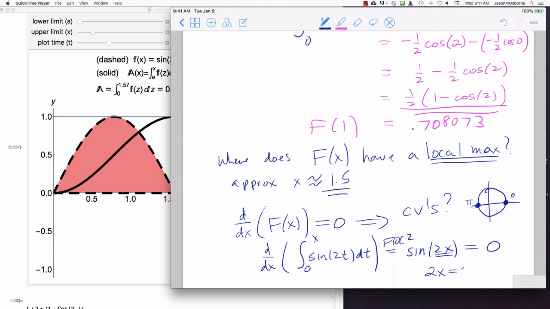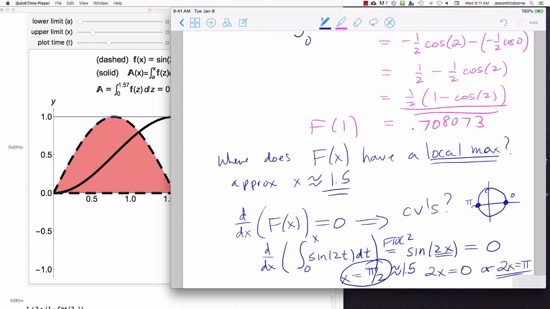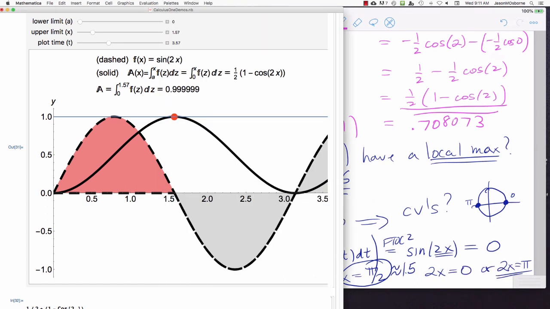So when 2x is equal to 0, or when, say, 2x is equal to pi, right? And from 2x equal to pi, you figure out that one of your critical values is x is equal to pi over 2. That is one of your critical values. And pi over 2 is approximately 1.5. Okay? So that's what we're seeing here, right at around 1.5, or at pi over 2, your area function, capital F of x, has a local maximum.